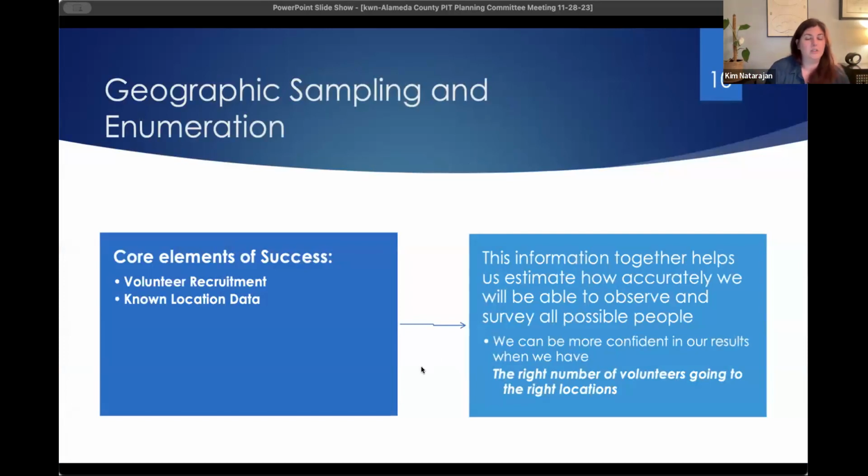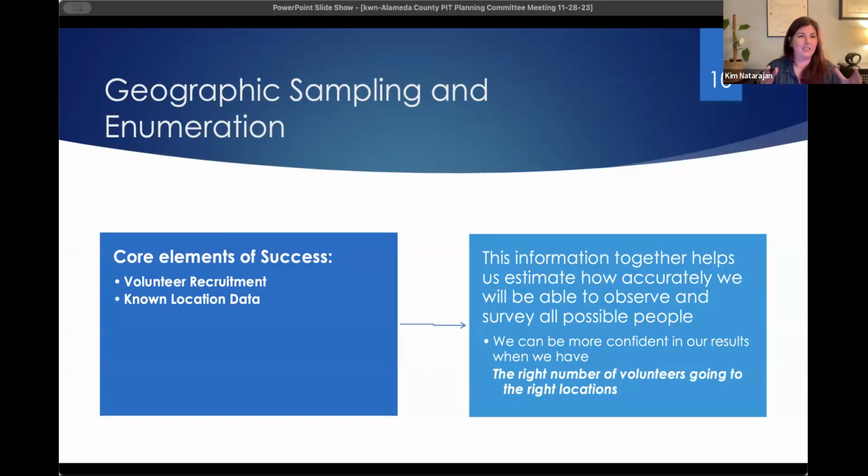The core elements of success to make this method work are having really good volunteer recruitment, so we have a lot of people to get the coverage we need for the in-depth survey we need, and having really high quality known location data so that we're sending people to the right places and we're not making assumptions about where we don't think anybody exists.